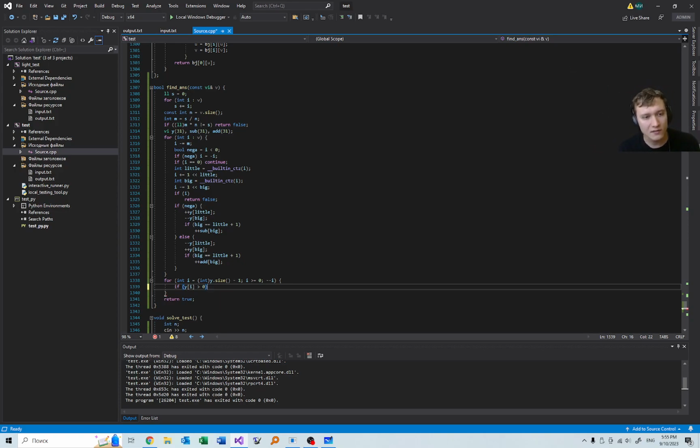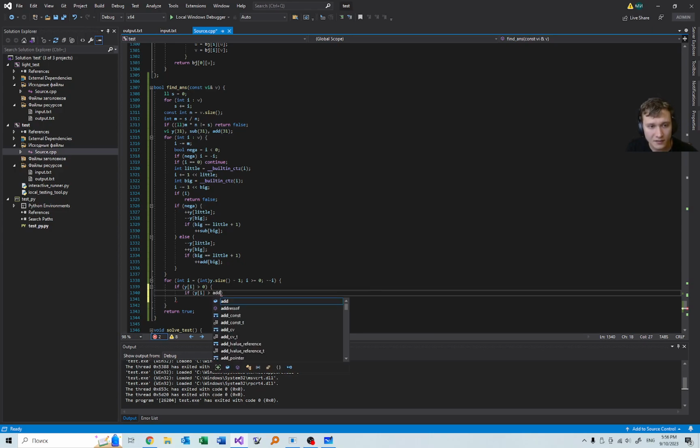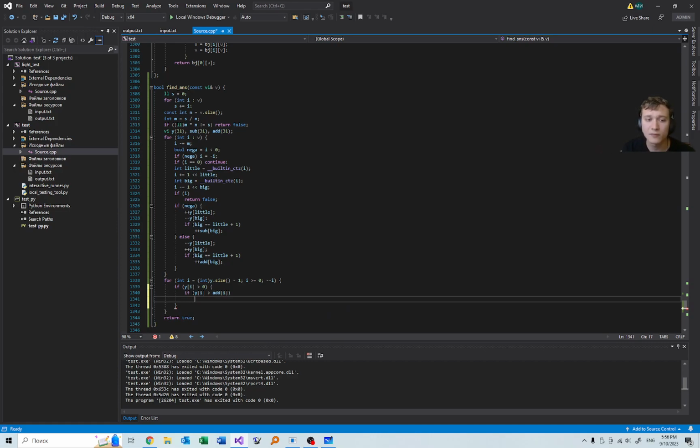Why yi is greater than 0? This is because here we have done some extra actions. So if yi is greater than added I, this means that we have a trouble and we return false.